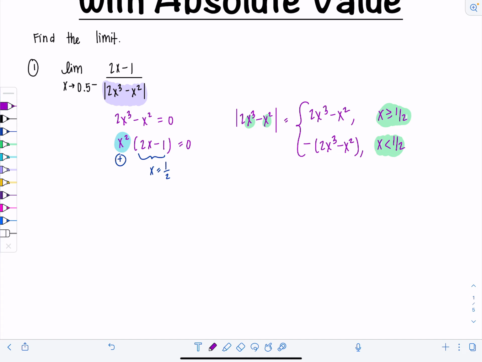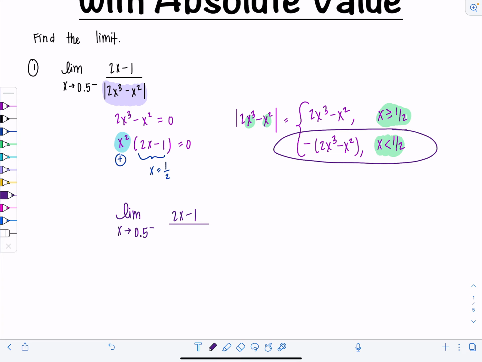We're going to be careful which portion of the piecewise function we're working with, since we are approaching 0.5 from the left. The numerator is just 2x minus 1. For the denominator, since we're approaching 1/2 from values less than 1/2, I'm working with this portion of the piecewise function.